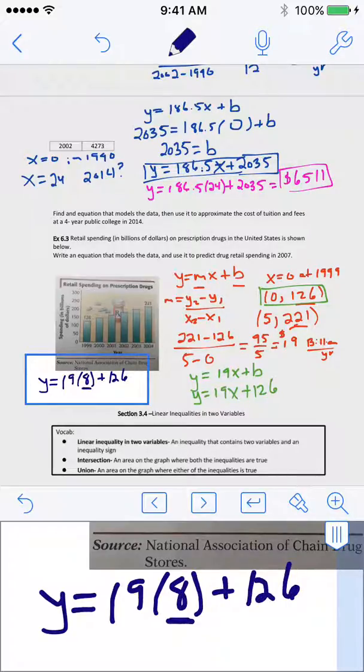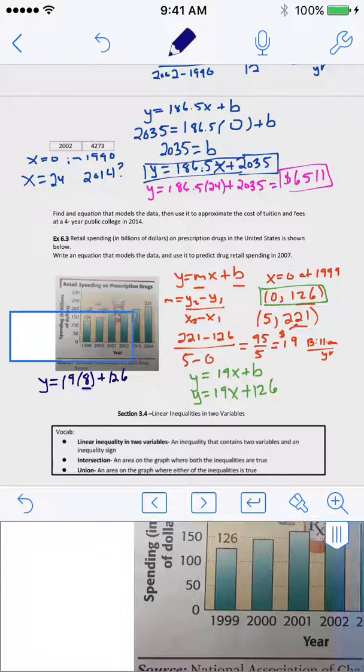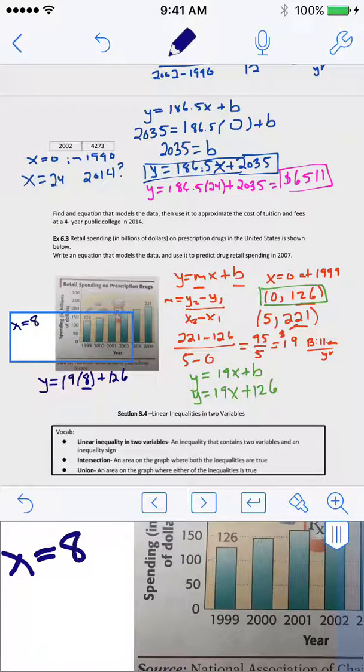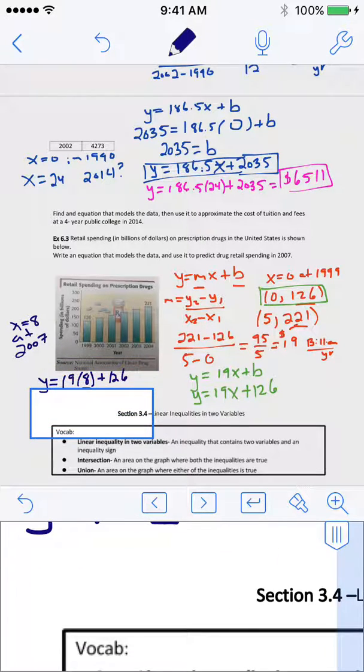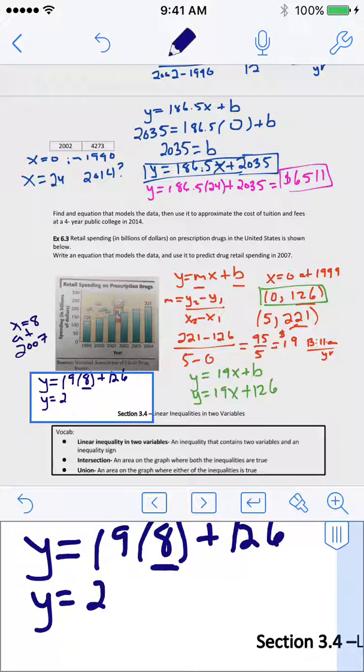We're plugging in 8 for our x because x equals 8 at 2007. All right, and let's go ahead and solve that. So 19 times 8 plus 126, it looks like y is equal to 278.